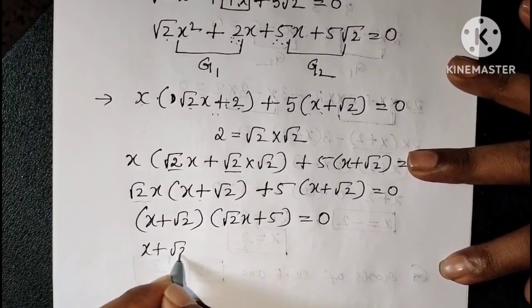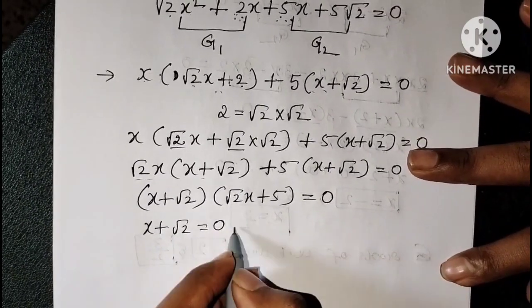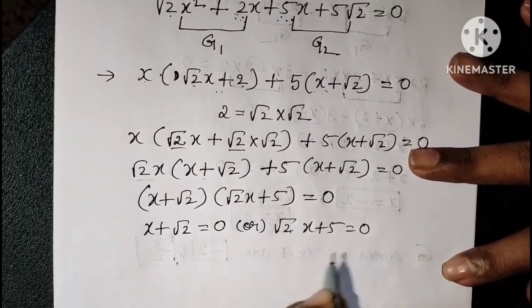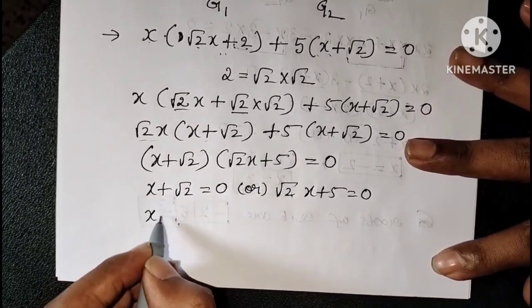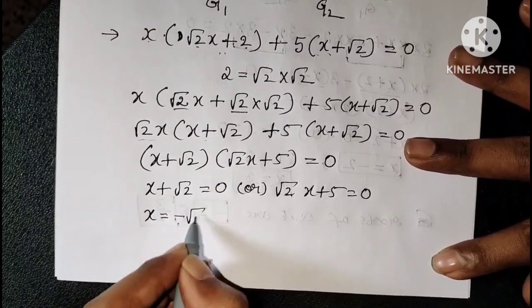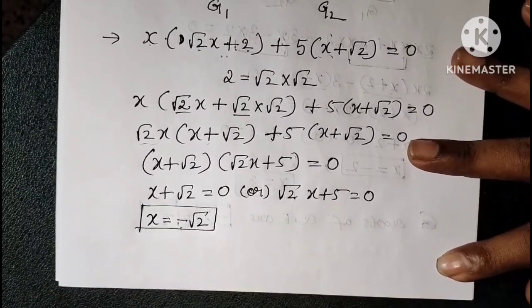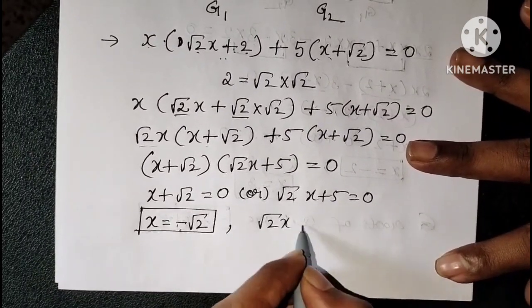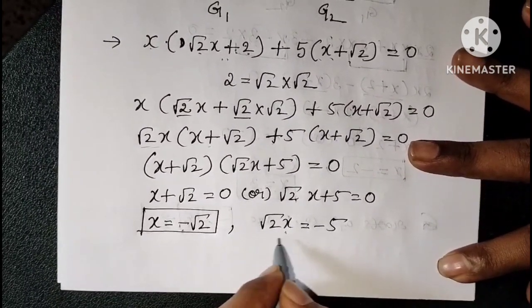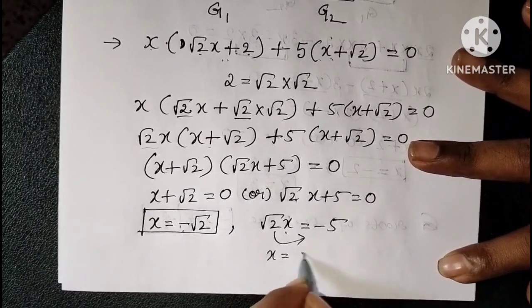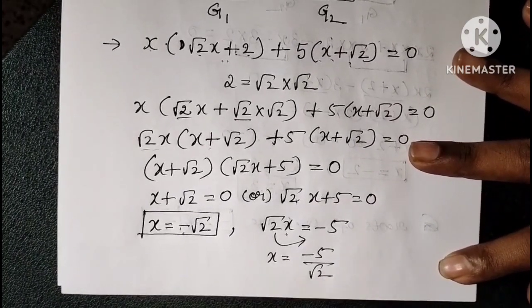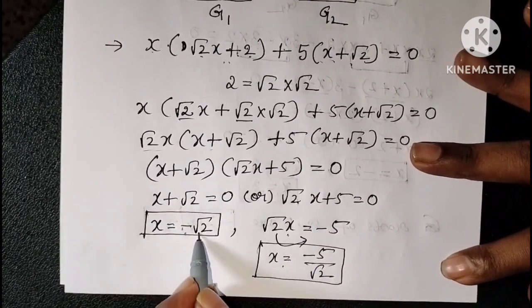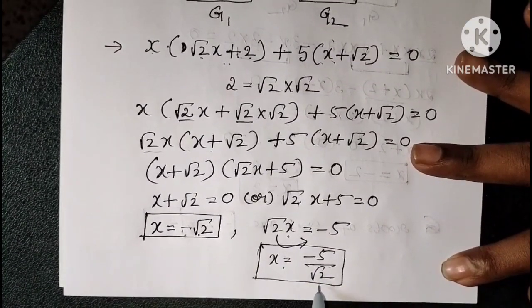Either x plus root 2 is equal to 0, or root 2x plus 5 is equal to 0. So from this x is equals to transpose root 2, you will get minus root 2. From this you will get root 2x transpose 5 minus 5. We need only value of x. Transpose root 2, x is equals to minus 5 by root 2. Therefore roots of the given quadratic equation are minus root 2 and minus 5 by root 2.